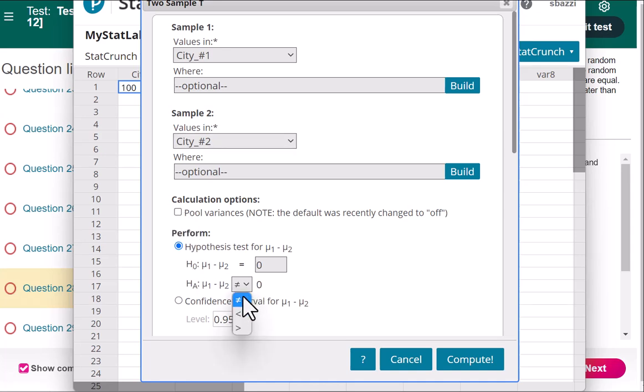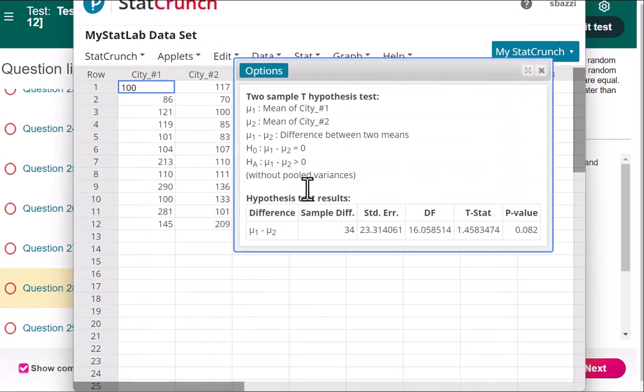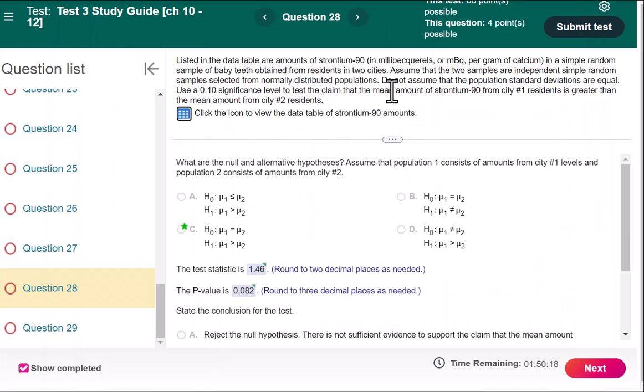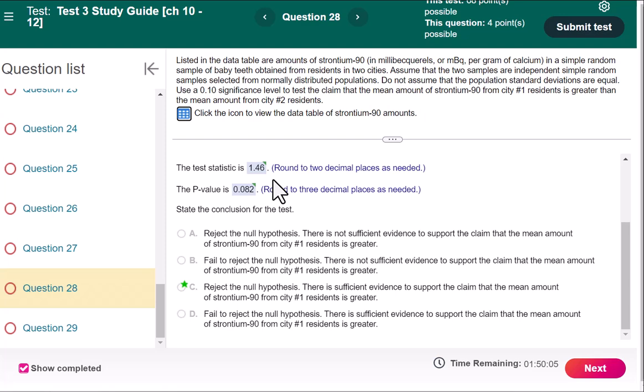We want to test that mu1 is bigger than mu2, so you choose the greater sign. Compute. The test statistic is 1.458347 and the p-value is 0.082. And we're testing against what alpha? 10%. So 0.08 is less than 10%. So you reject the null hypothesis and you say there is enough evidence to support the claim that mu1 is greater than mu2.